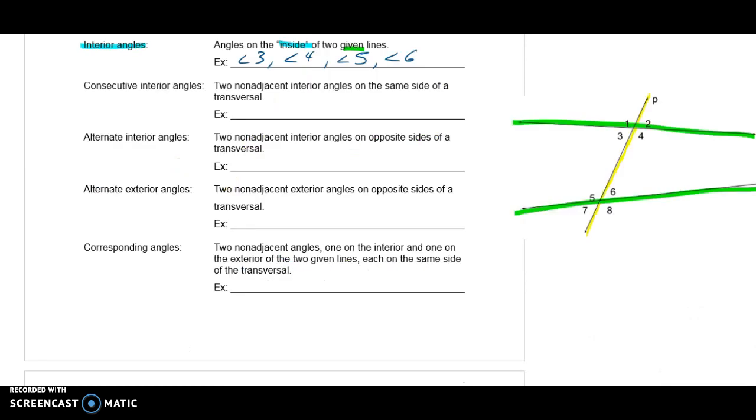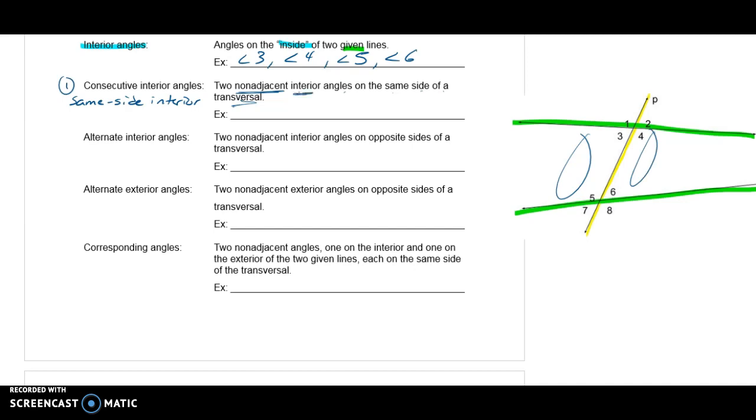So the first of the four names is consecutive interior angles. I also use the term same side interior. They're the two non-adjacent, remember, that means they're not touching, interior angles on the same side of the transversal. Same side of the transversal means they're either both here or both here.